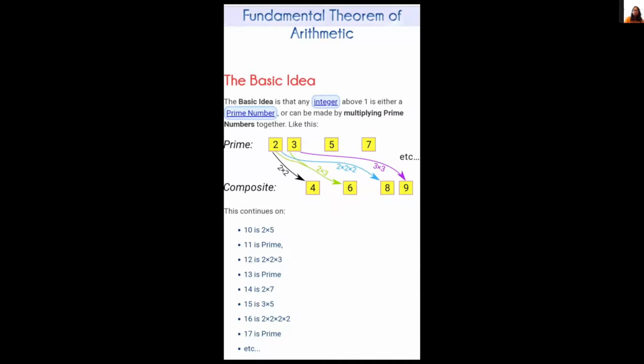Every composite number can be expressed as a product of primes. 4 is written as 2 into 2. 6 is written as 2 into 3. 8 is written as 2 into 2 into 2. 9 is written as 3 into 3. So each of the composite numbers can be written as a product of primes.